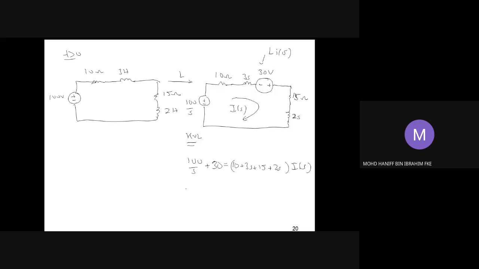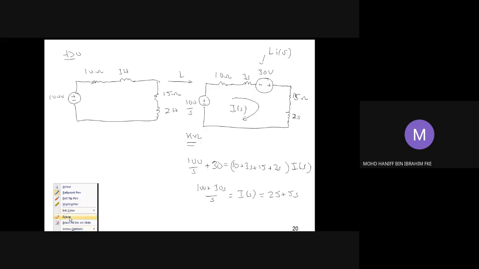So we have 100 plus 30S over S, and this can be written as IS multiplied by 25 plus 5S. My apologies, it's a multiplication.